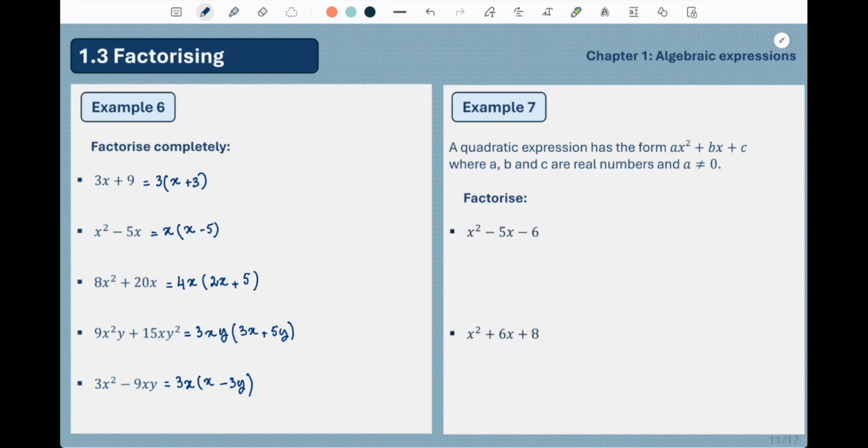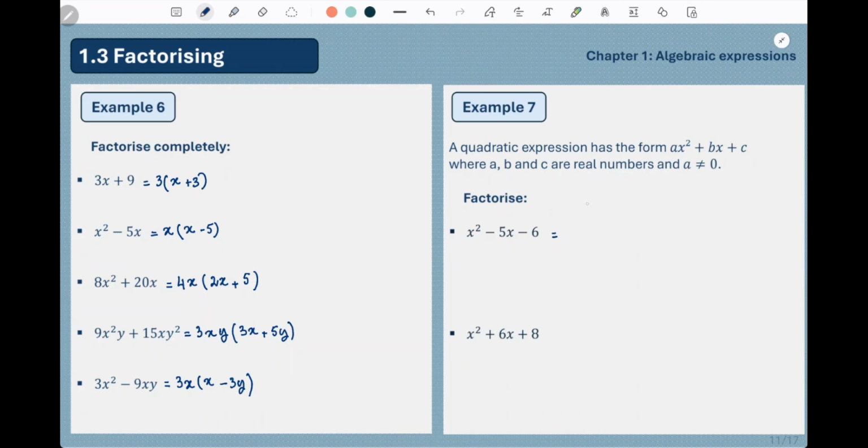So how to factorize when you encounter these kinds of expressions, there's a specific way to factorize them. So let me identify my a, b, and c in this expression. My a is 1, my b is minus 5, and my c is minus 6.